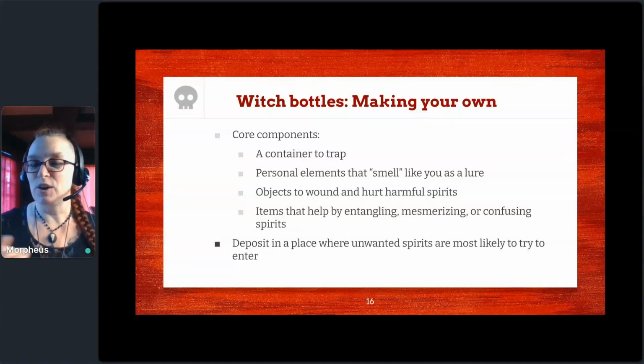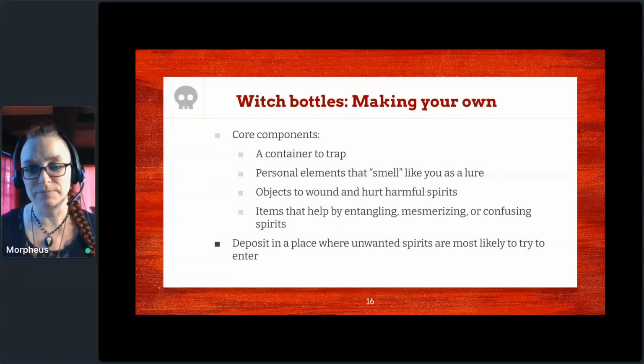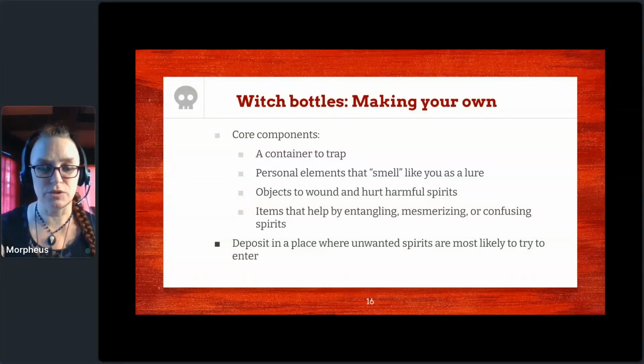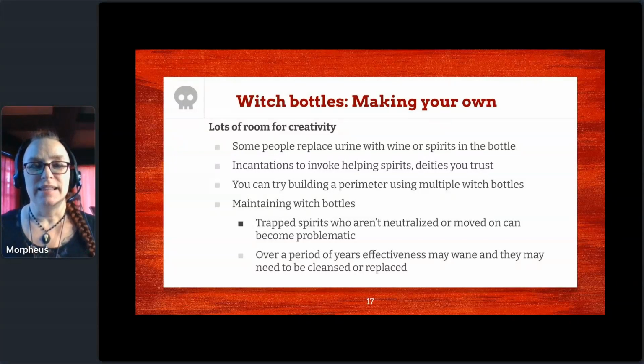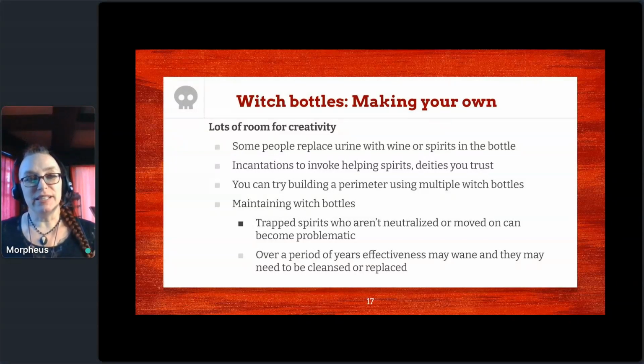So, we've seen the core components: a container to serve as a trap, personal elements that smell like you or are connected to you as a lure, some objects to wound and hurt harmful spirits, and items that help by entangling or mesmerizing or confusing spirits. And then this is deposited in a place where unwanted spirits are most likely to try and enter. So those are the building blocks there. That leaves a lot of room for creativity.